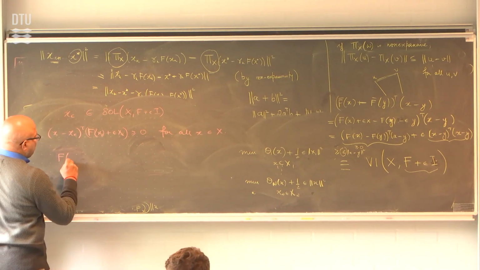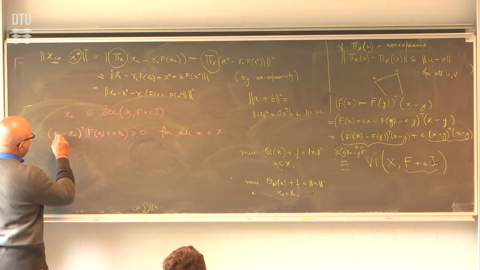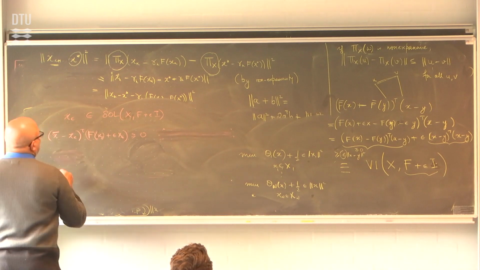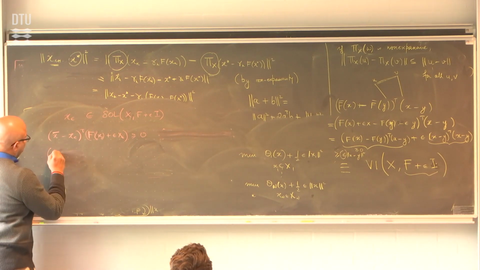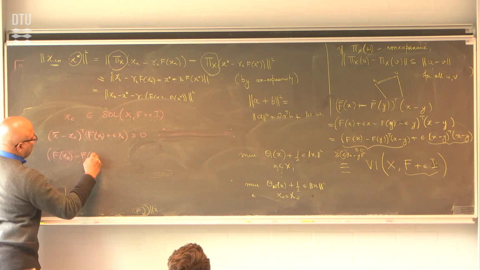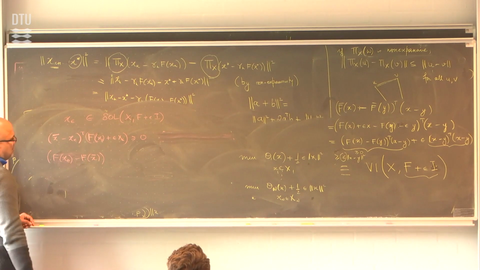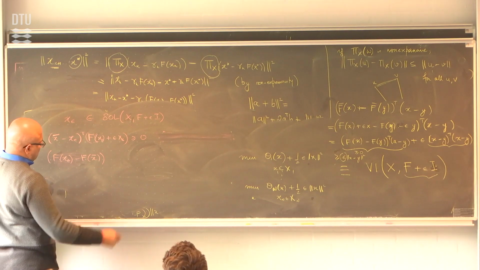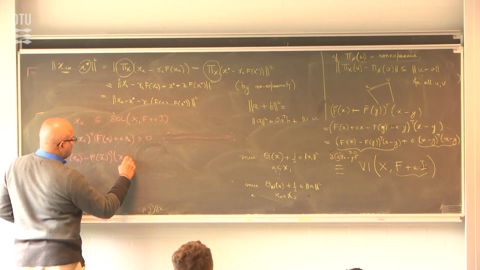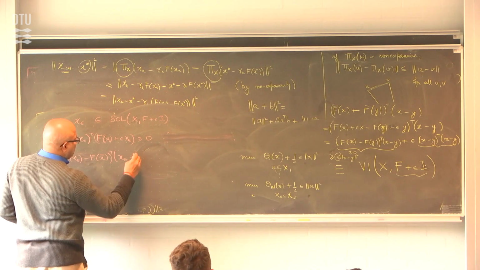So I have f of x, okay, I think I know what I've got. So we know this holds for some x bar. And I also have that f of x epsilon minus f of x bar transpose x epsilon minus x bar, or let me go the other way.